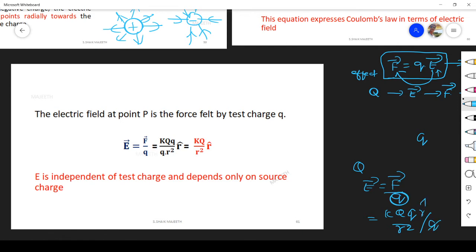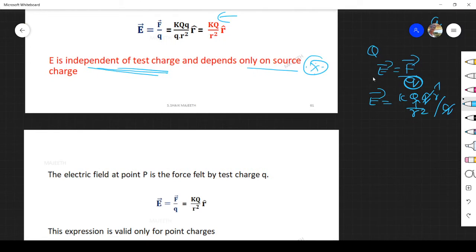So what is happening? q cancels. You see the electric field depends purely on the source charge capital Q, right? So the electric field is independent of the test charge. Very, very important. It depends only on the source charge. Clear? So that is another important point to be noted.